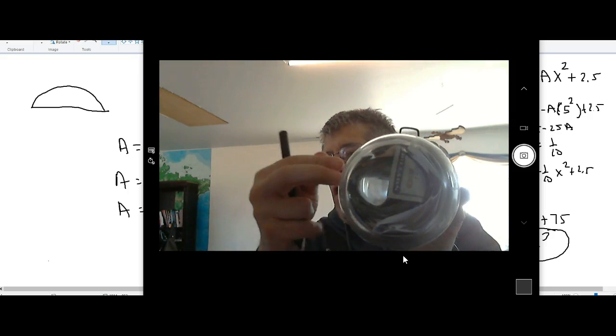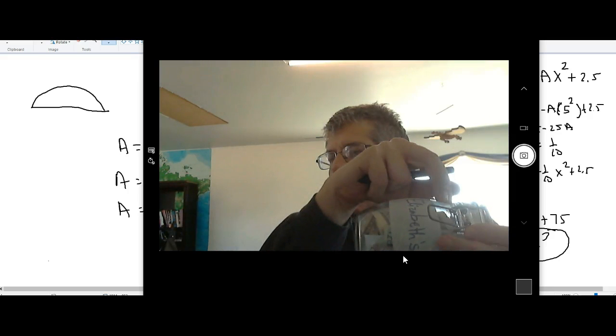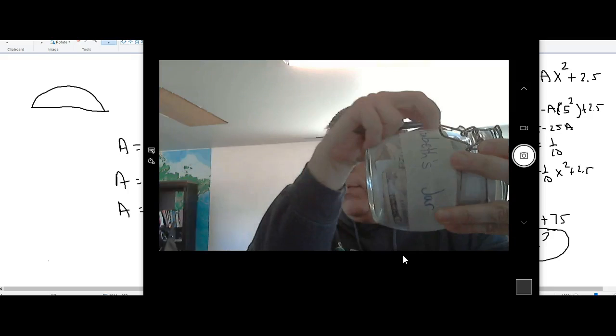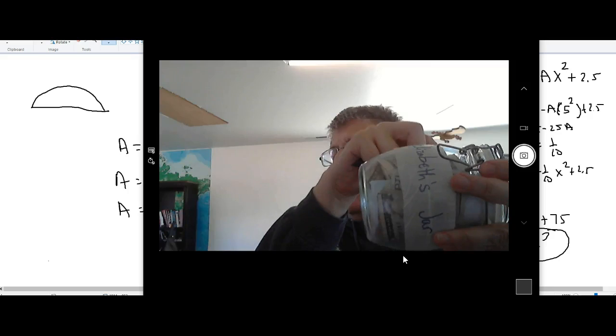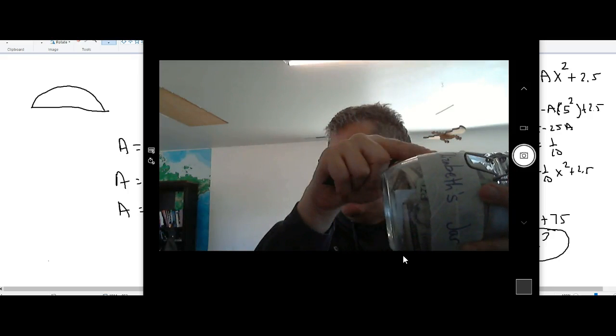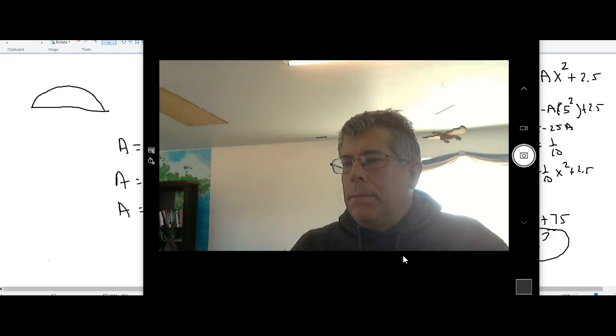So I walk through the middle of my circles, find the area of those circles, and then integrate from start to finish, and I'd have the volume of this shape.